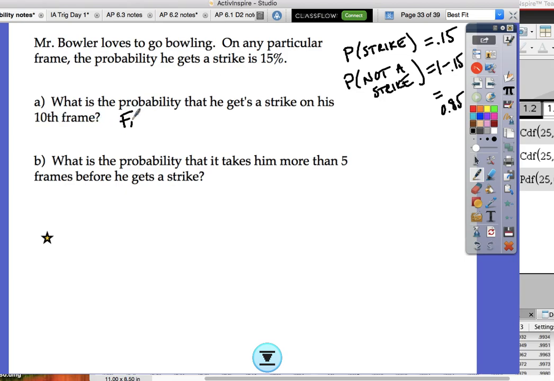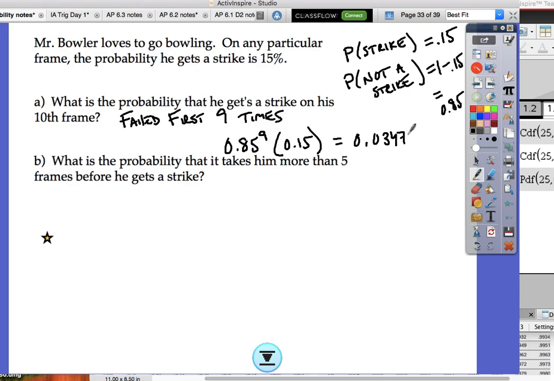That means that he failed the first 9 times. So that would be failing, which is 0.85 to the 9th power, and then he gets his success. And that would be 0.034743.